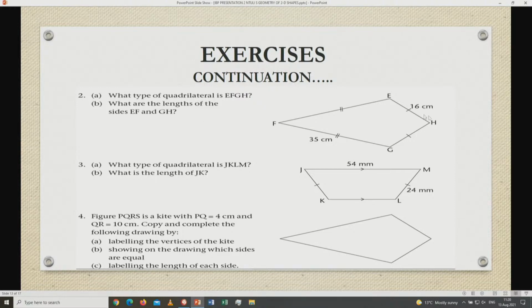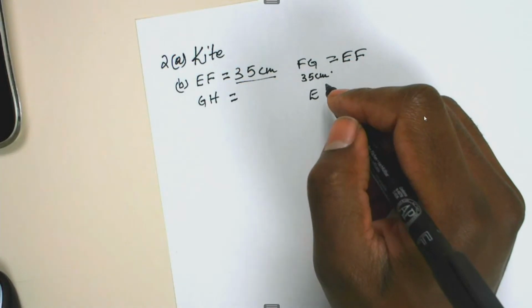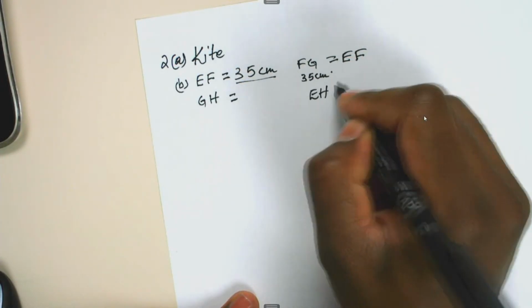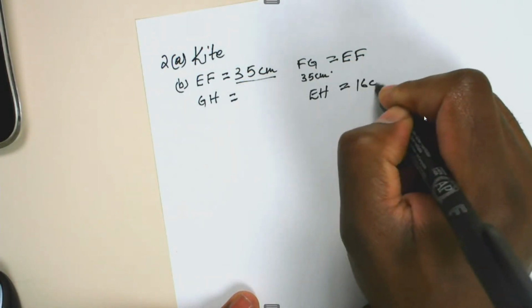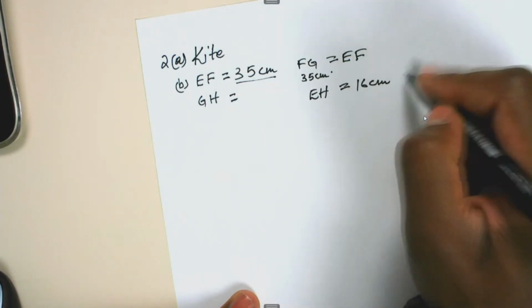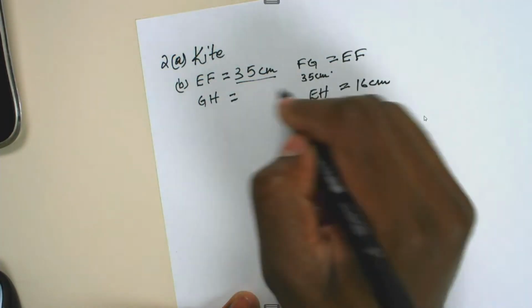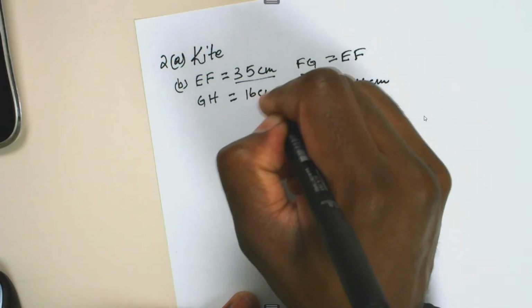Again, here the markings, EH is 16 centimeters. They want us to find what? GH. Therefore, if EH or HE is equal to 16 centimeters, then GH will also be 16 centimeters. Why?